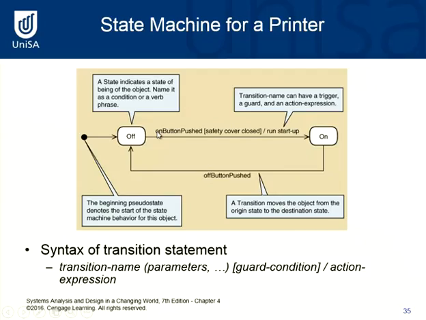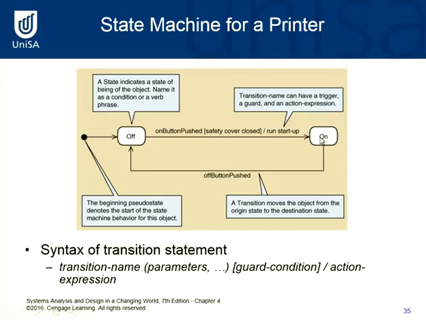What we have here is the trigger being the on button is pushed. The guard is the true-false test condition. If the safety guard is closed, then we can run startup. And then the printer goes into the on state.